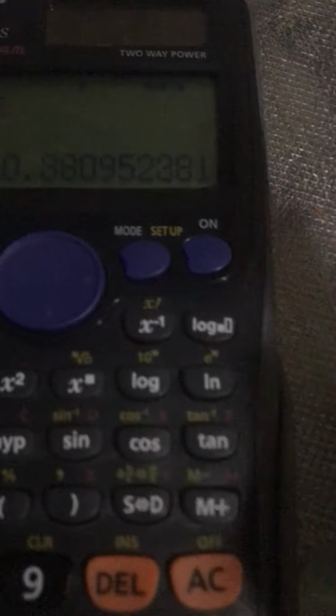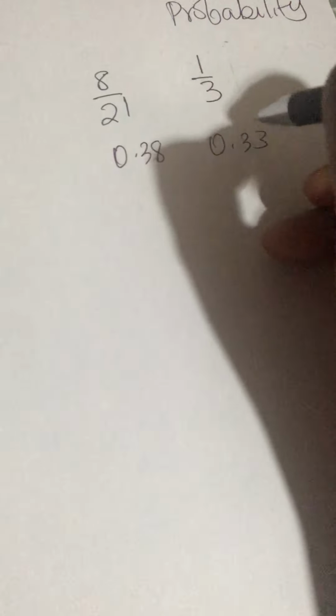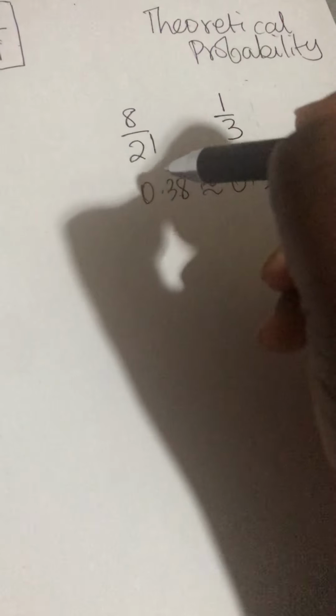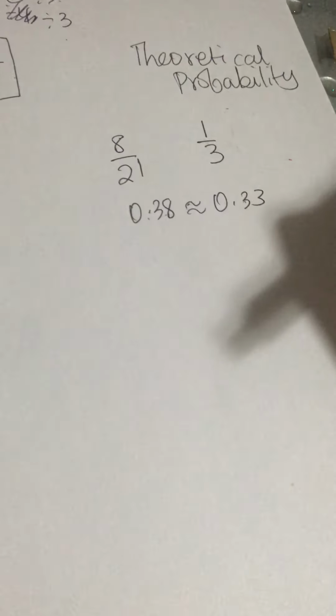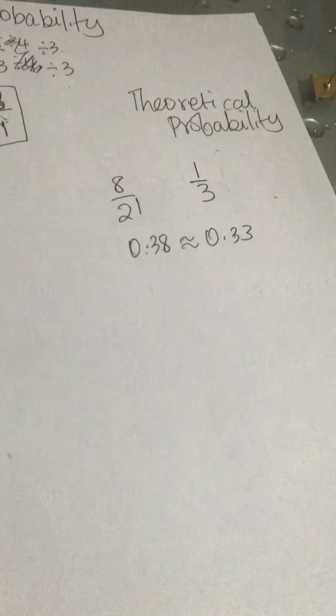Now I need to change the 8 to decimal, 0.38. And it is greater. 0.38 is a little bit greater, just a little bit, yeah? So I can do this. See, they are closer to each other, almost closer to each other. They are not very, very far.